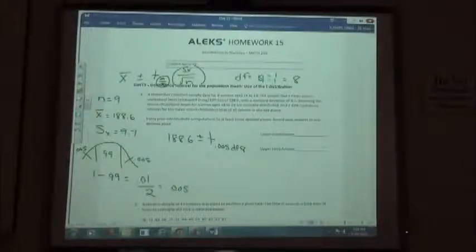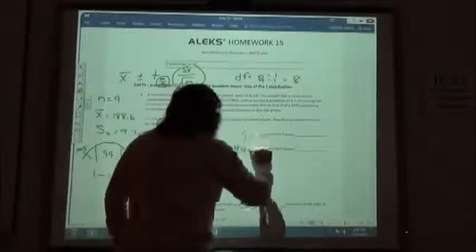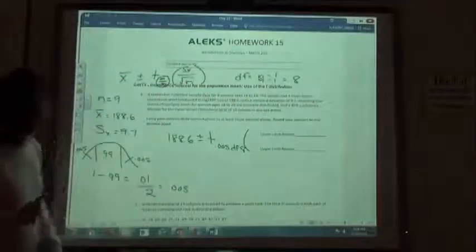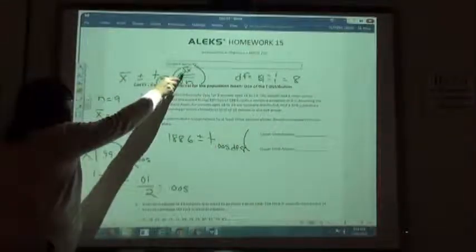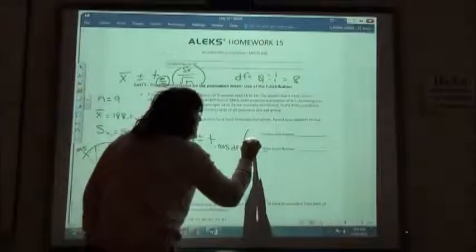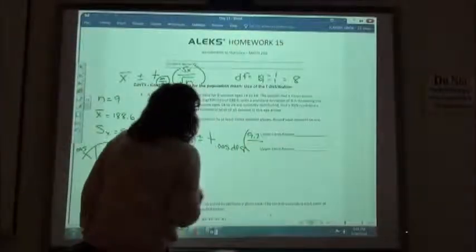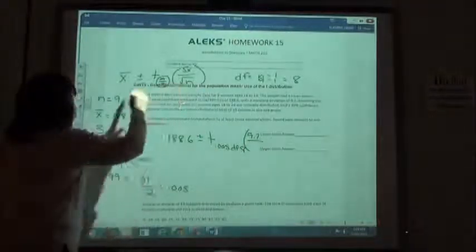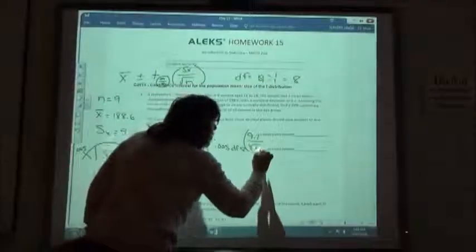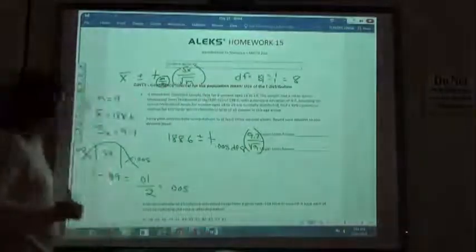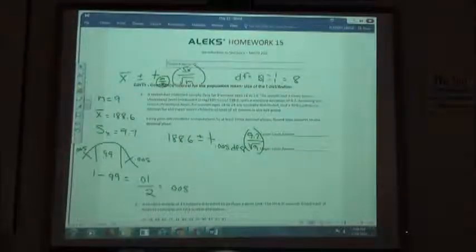I didn't leave myself enough writing room. I still have to put the rest of my formula in there. Sample standard deviation was 9.7 divided by the square root of n, so the square root of 9. Smash all of that in there. And then you want to put that in the Alex calculator.